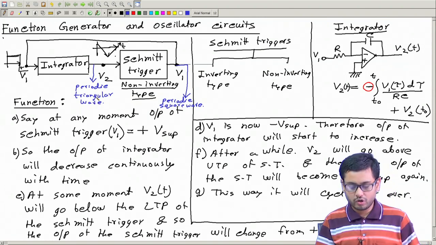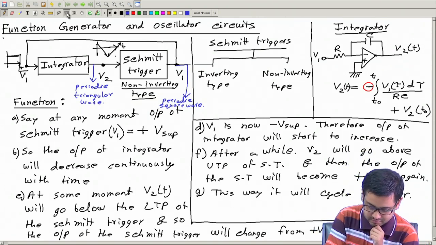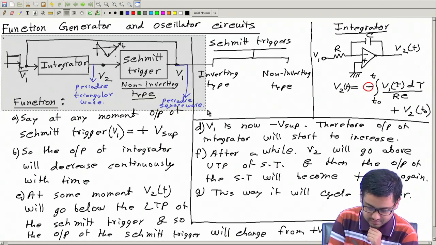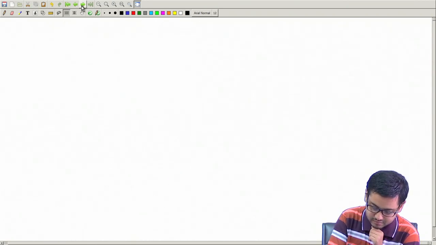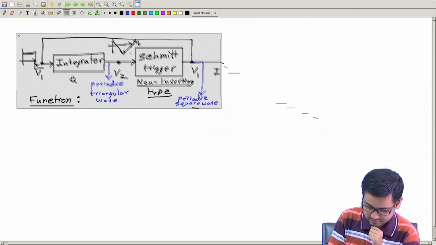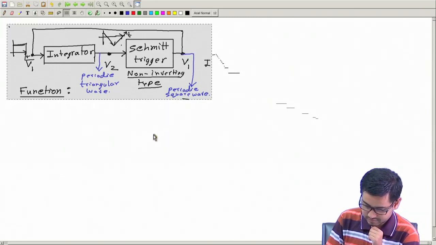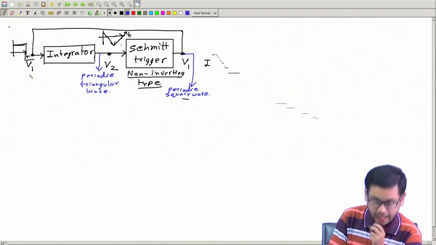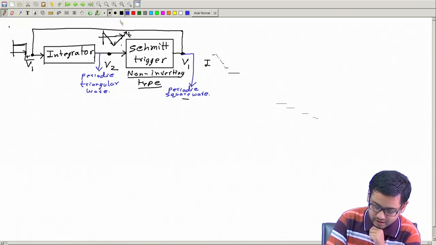Okay, so let me show you some timing diagram. I shall basically repeat my discussion to help you follow better.